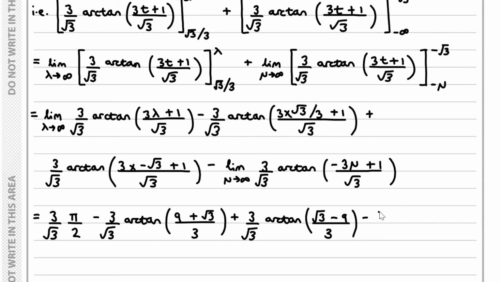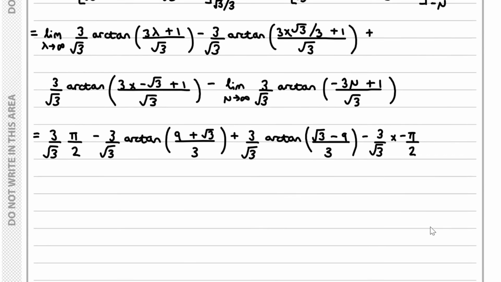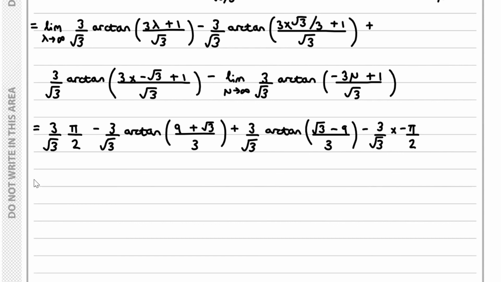So we've got 3 over root 3 times negative pi over 2. So do be careful over here. Of course, here we've got negative infinity inside the bracket, so arctangent of negative infinity is minus pi over 2, and we're multiplying that by negative 3 over root 3. So if we tidy all of this up even further, we've got 3 over root 3 times pi over 2, plus another, because here we've got minus and a minus which give a plus.